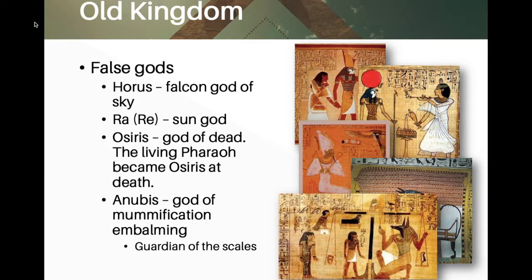Only those of good standing would be able to move into that. So Anubis would smell the fragrant scent and believe that this deceased person could move into the afterlife on a good standing.